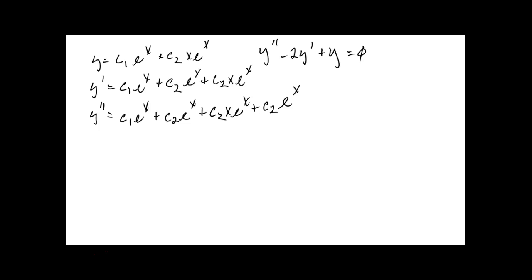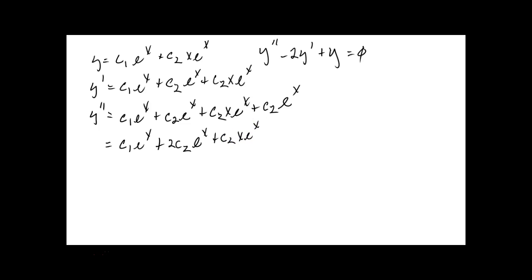Derivative of this has 2 parts. Product rule, x e to the x, when you do this times derivative of that, plus this times derivative of that, that's another e to the x. Well, looky here, you got 2 of those, so we can simplify that a little bit as C1 e to the x plus 2C2 e to the x plus C2 x e to the x.